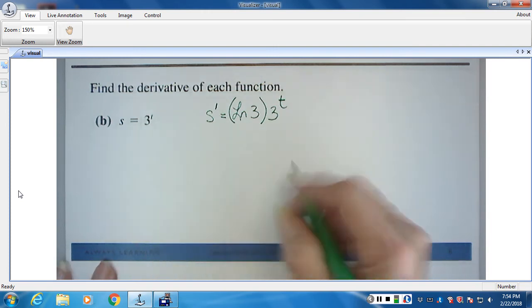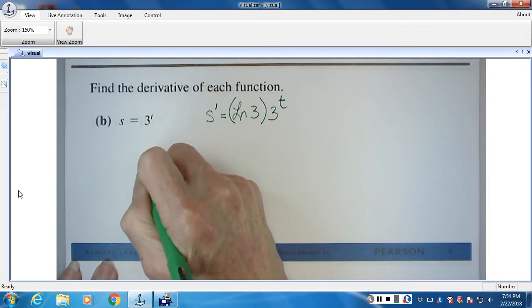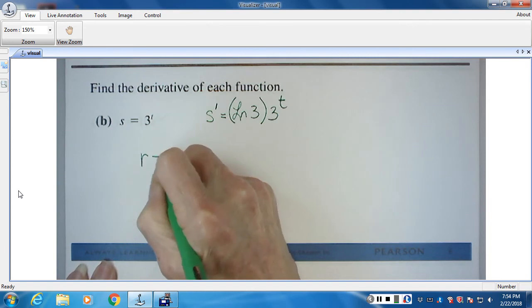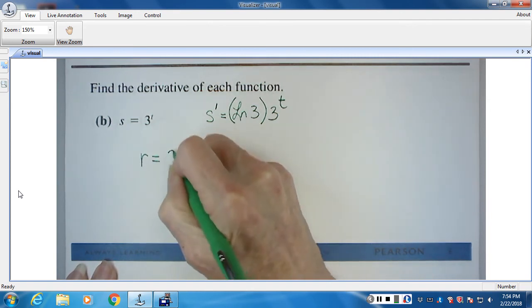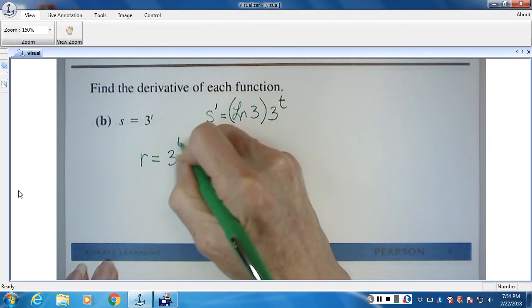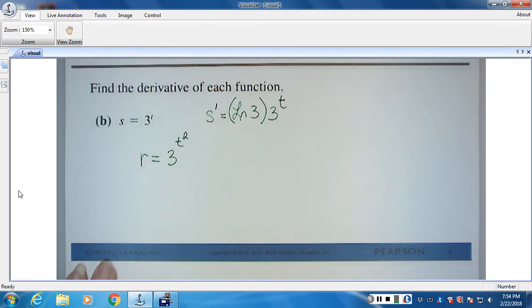Along the same token, you just pull in whatever the base is, you take its natural log. Okay?